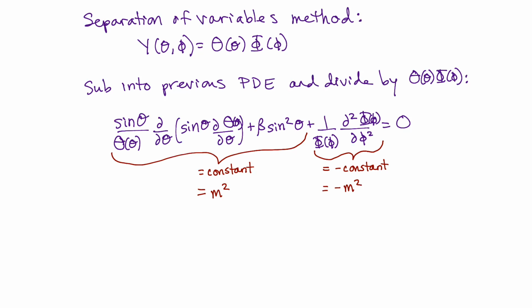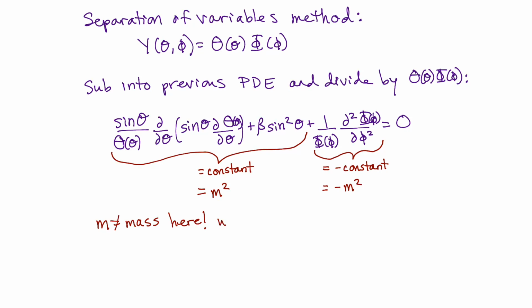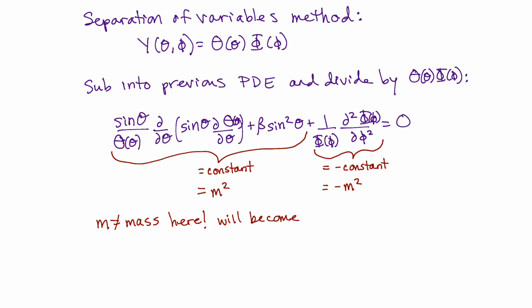We want to be careful not to confuse m with mass. M is not equal to mass here. This is actually going to become our magnetic quantum number when we start diving into the hydrogen atom. So just keep that clear in your head when you're working with these labels.